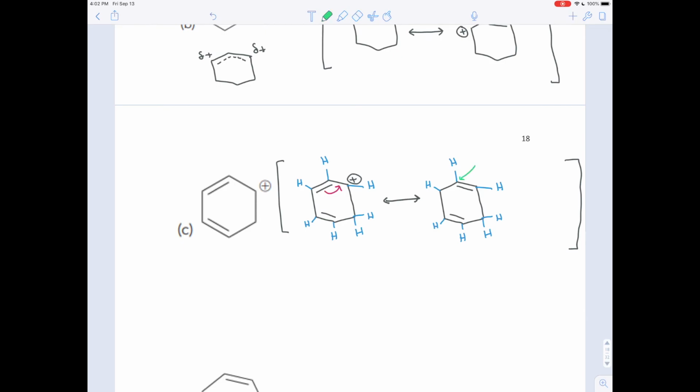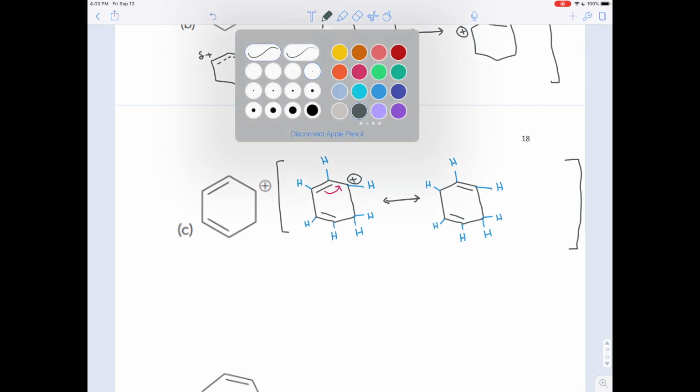Notice how this carbon now has 4 lines around it, so it has a 0 charge. This carbon, the only other one that was affected, has only 3 lines around it, so 4 minus 0 dots, 3 lines, that's positive 1. So that carbon has a positive charge.